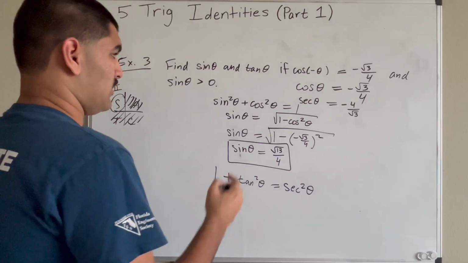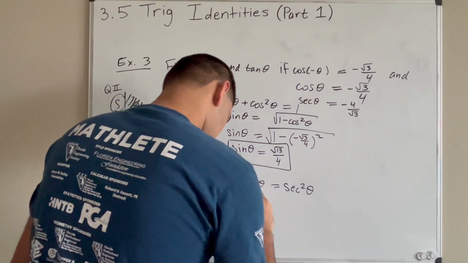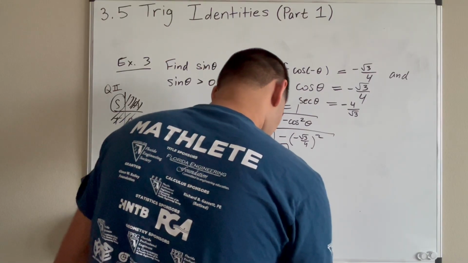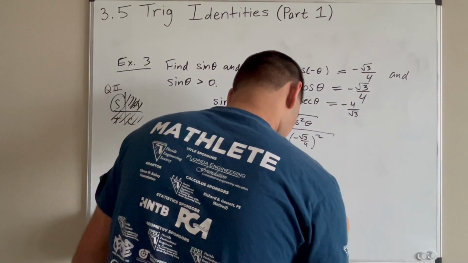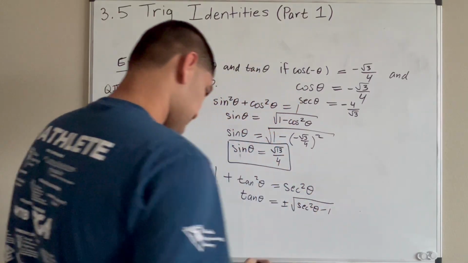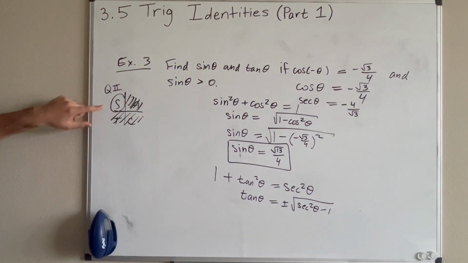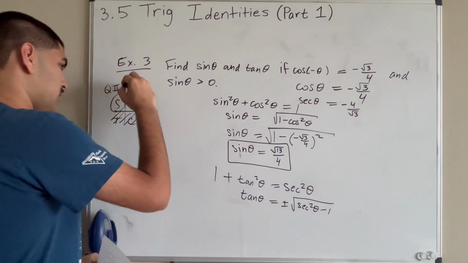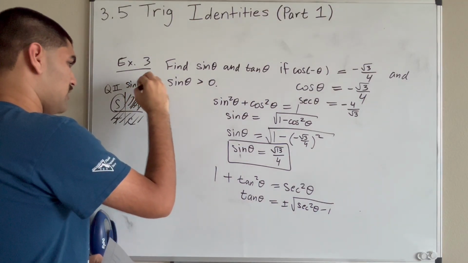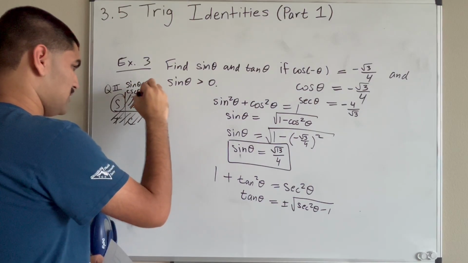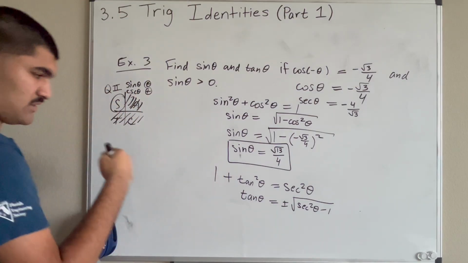Solving for tangent, tangent theta is plus or minus the square root of secant squared minus 1. So is it positive or negative? Well, we're in quadrant 2, so only sine theta and cosecant are positive. That means that tangent must be negative.